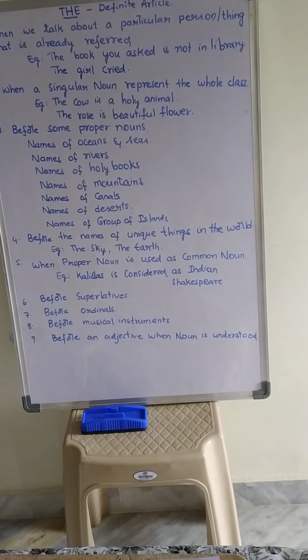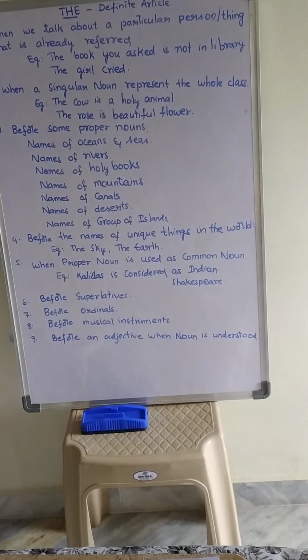And then before the names of the mountains: the Eastern Ghats, the Aravalli Ranges, the Rocky Mountains, the Western Ghats. So before the names of the mountains, the is used. Names of the canals: the Suez Canal, the Buckingham Canal. Before the names of the canals, the is used.